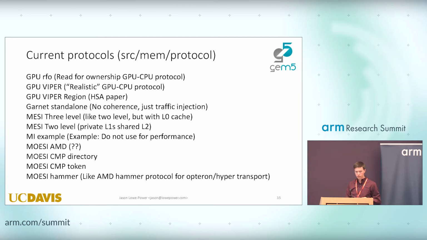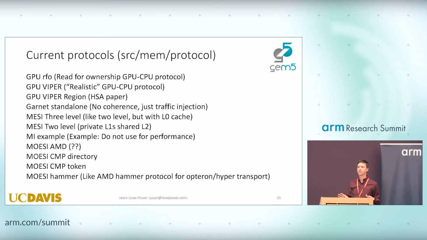Then there's a couple of different MESI protocols. The two-level is private L1s and one shared L2. If you wanted a three-level protocol that had a private L1, L2, and then shared L3, you can use MESI three-level. Just know that it's an L0 instead of L1. It starts counting from 0 for some reason.